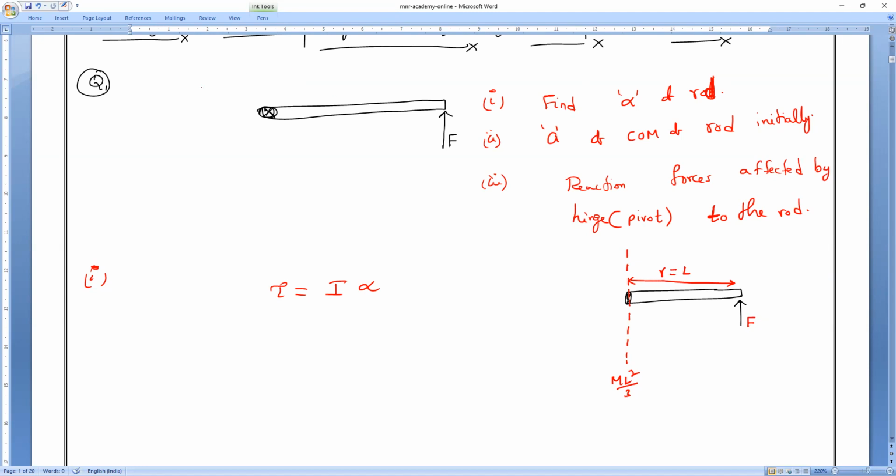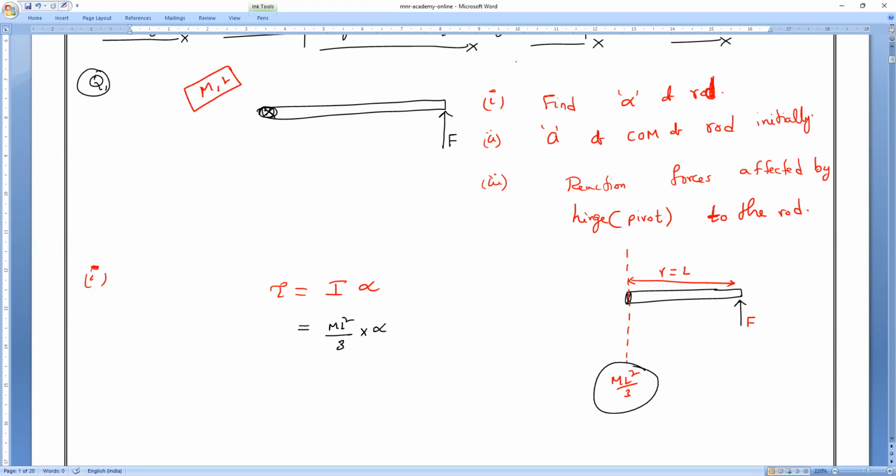So tau is equal to I alpha, where I is ML square by 3 into alpha.